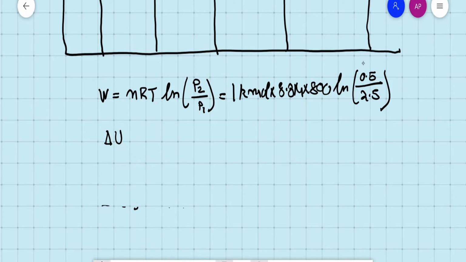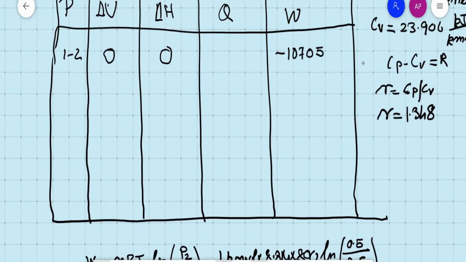Now, applying the first law for an isothermal process, we get U12, from 1 to 2, is going to be equal to Q plus W. Now, the internal energy change for the isothermal process is 0. Therefore, Q is equal to minus W, and we get the heat as plus 10,705.